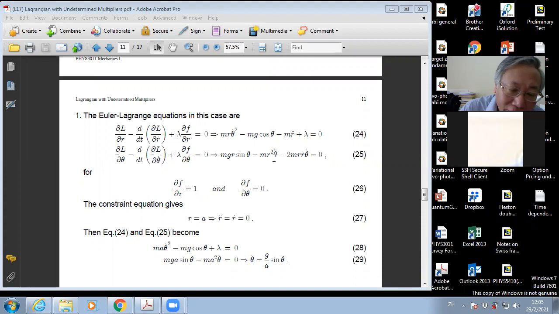The second Lagrange equation of motion can be simplified to mga sine theta, because r equals a, minus ma squared theta double dot, and we immediately find a nice equation for theta double dot. Theta double dot is equal to g over a times sine theta.